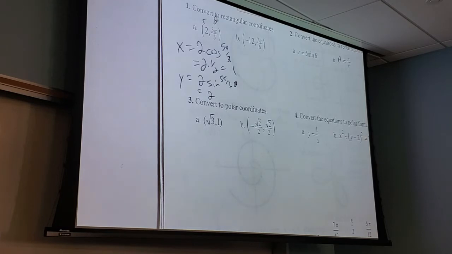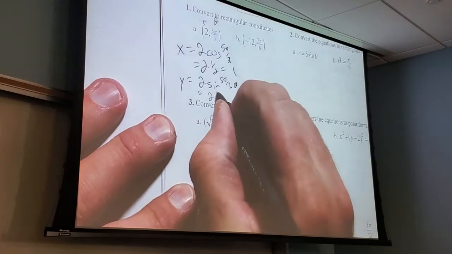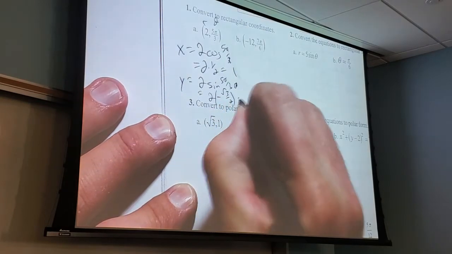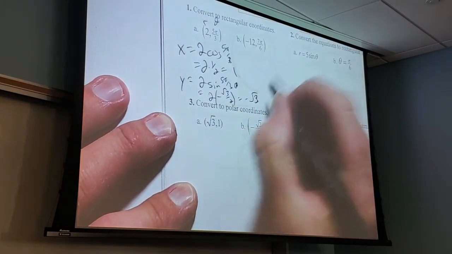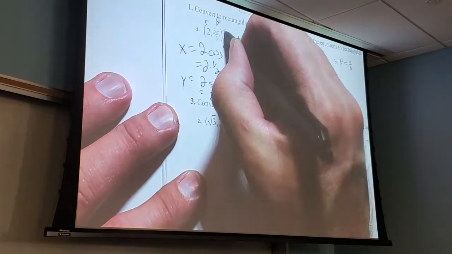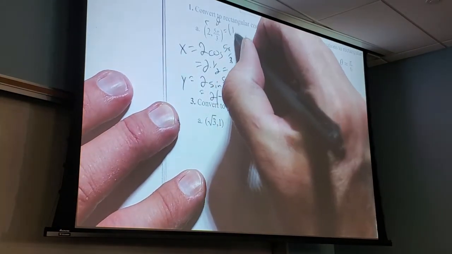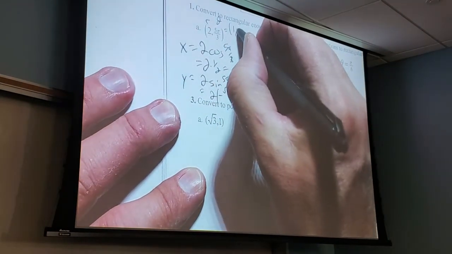So it's going to be negative. 5 pi over 3, 60 degree reference angle. If cosine was 1/2, sine has to be the bigger one. Root 3 over 2. It's negative, because I'm in the fourth quadrant. So that is negative root 3. So this is the same thing as 1 comma negative root 3.